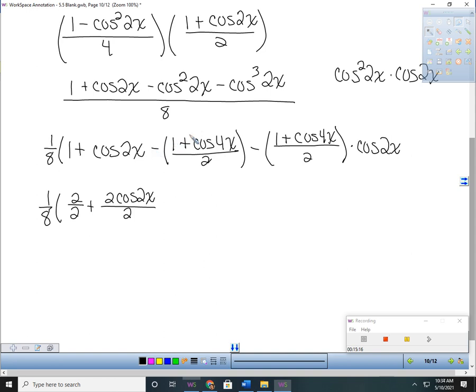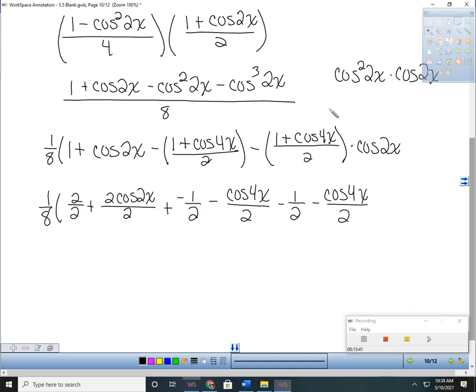Distribute that negative just to the top, so I get plus negative 1 over 2 minus cosine 4x over 2. Same thing over here, minus 1 half minus cosine 4x over 2.